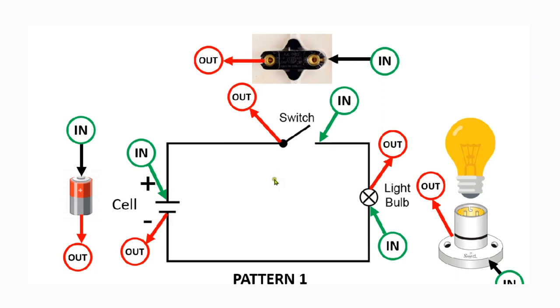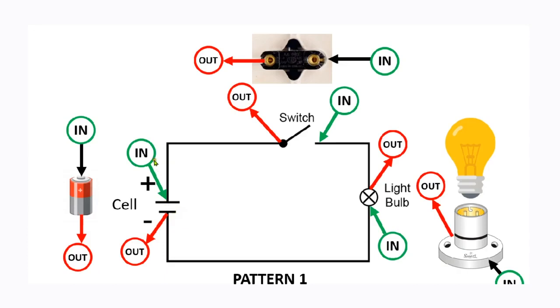Now we're going to come to our first pattern when we are learning about pattern learning. In the first pattern, I've brought our picture of a cell, our picture of a switch, and our picture of a lamp holder, just so that you can see clearly what we are referring to. Coming to the cell, there is a conductor that comes in and there's a conductor that goes out.